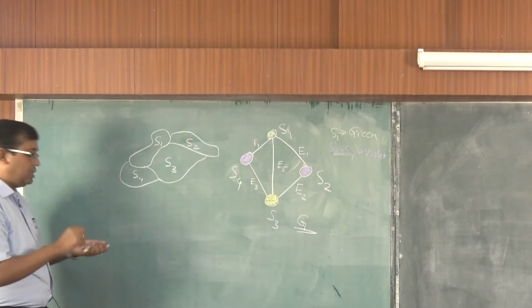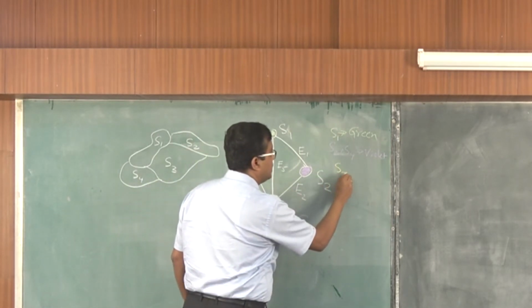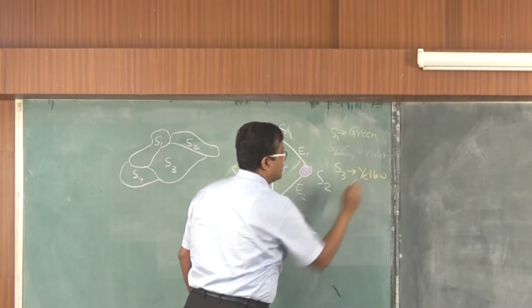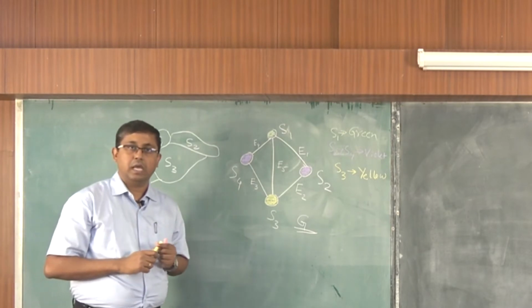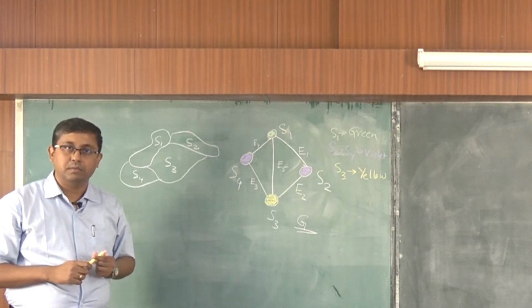And then the vertex S3, we map the color yellow. Okay, so now I am done with coloring the vertices in a way that no 2 adjacent vertices have the same color, right?